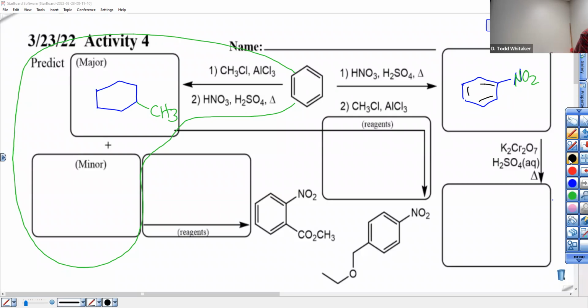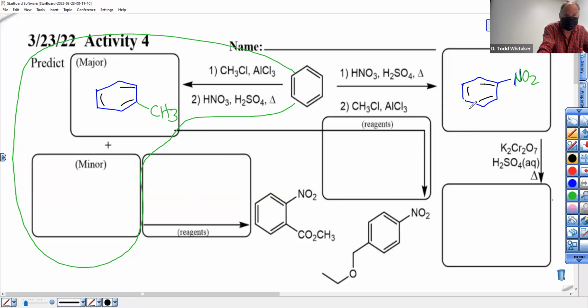CH3. The only reason I put it down there is I see a carbon down there that probably used to be the methyl group. And the only reason I put the NO2 up here is because I saw on the other ones, I drew it up there. You could have picked any of the 6 positions for either of these.